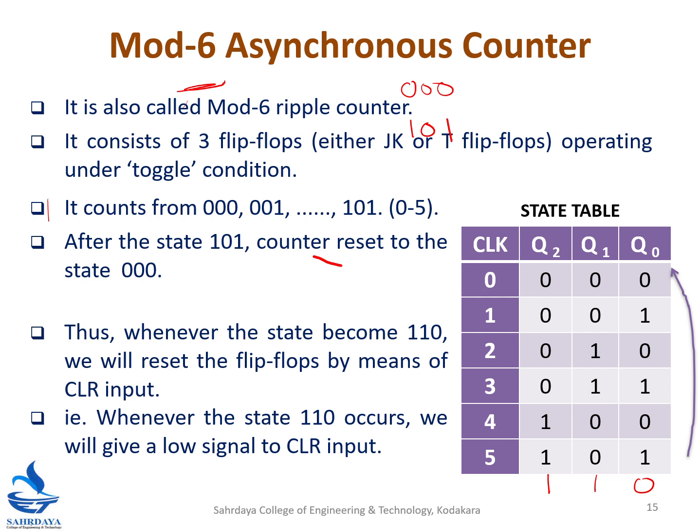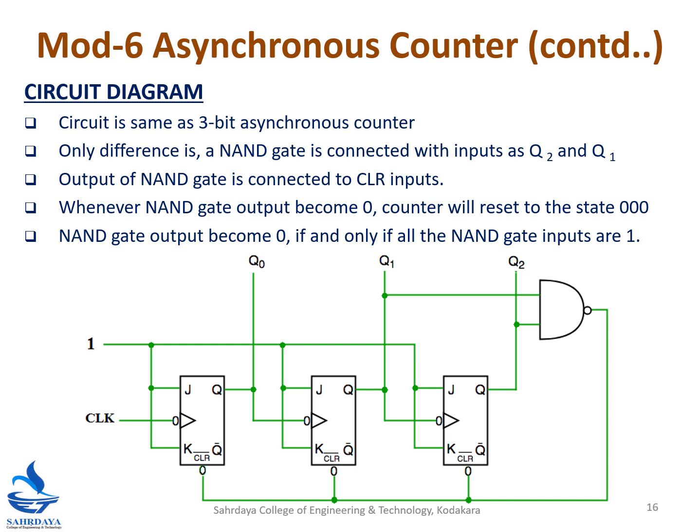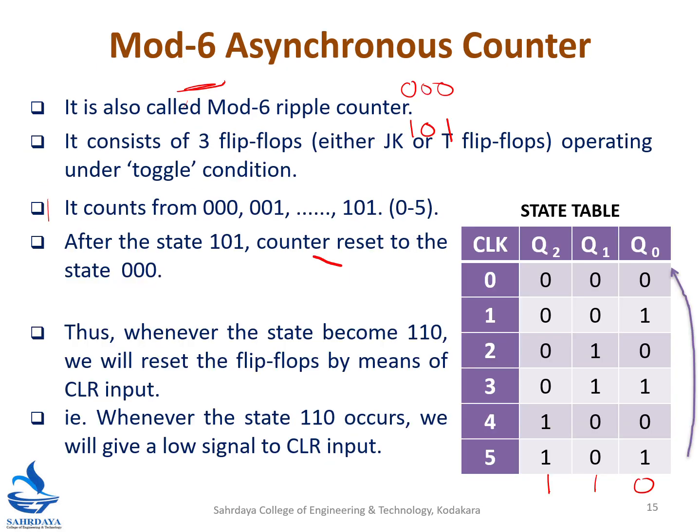So here the circuit diagram will be just like a 3-bit up counter. 3 bits are used here. But again, a NAND gate will be used, and the inputs for this NAND gate should be Q2 and Q1. Whenever Q2 and Q1 become simultaneously 1, it indicates the state 6.